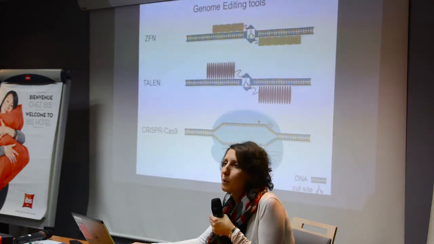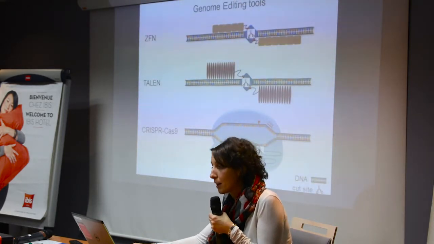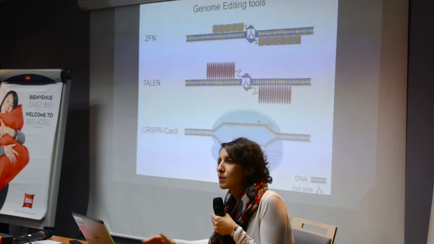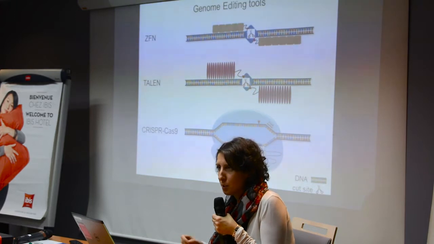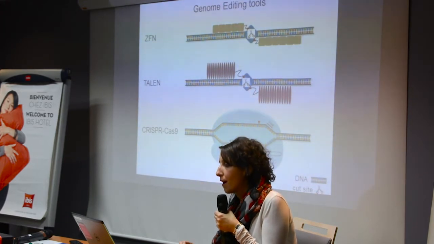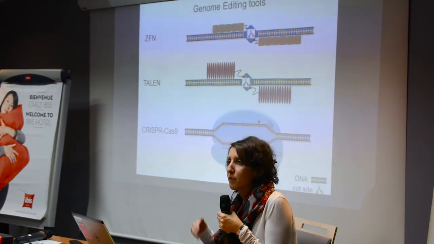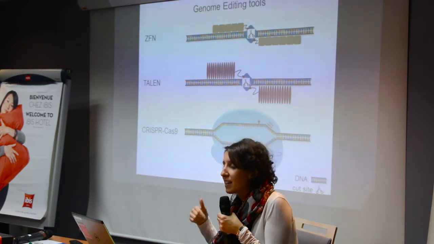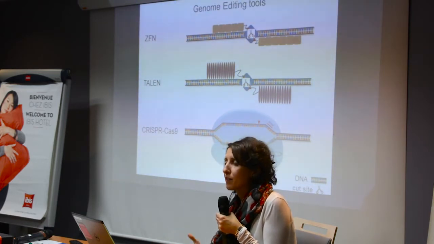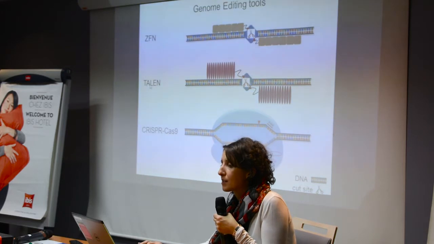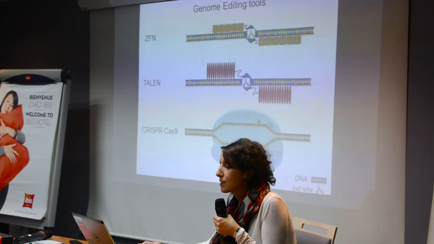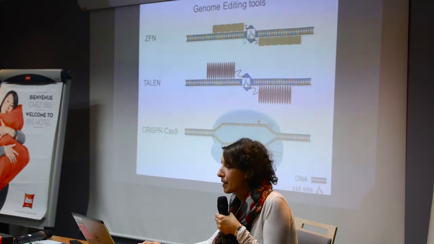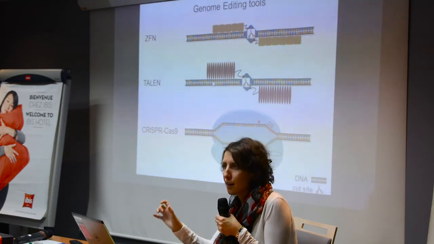So to do this, we and many other groups are using genome editing tools to edit the genome, to change the genome. In the last 10 years, several classes of genome editing tools have been developed, such as Zinc finger and TALEN, which are proteins that can bind a specific site on the DNA.